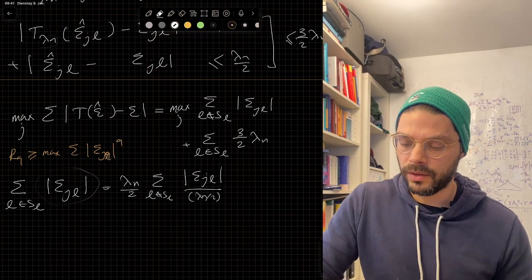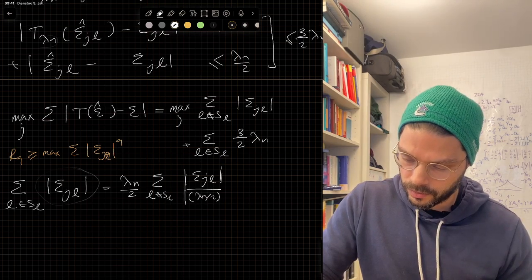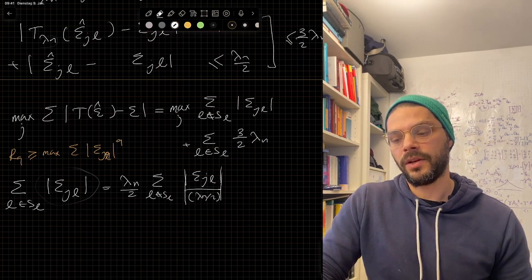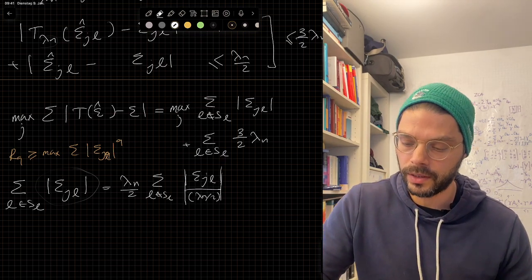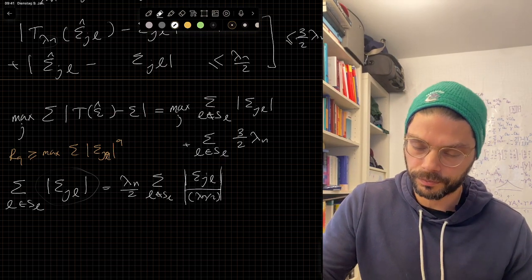Now this quantity is less than or equal to 1, so when you raise it to the power of Q, which is between 0 and 1, it's actually going to increase potentially.